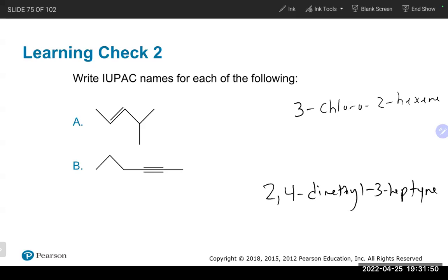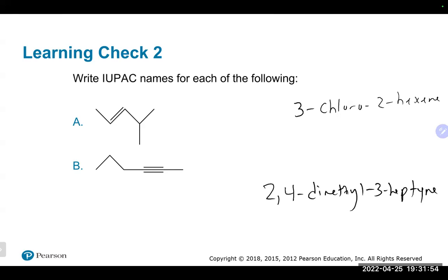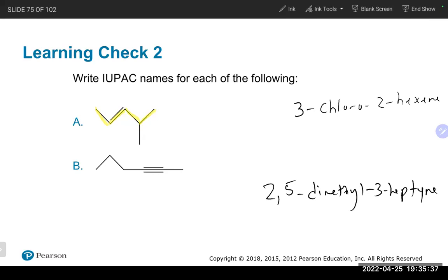All right, names on the left and some structures there on the right. Look, starting with A, looks like 1, 2, 3, 4, 5. There are a couple different ways you could get it, but I think that should be our longest continuous chain containing the double bond.